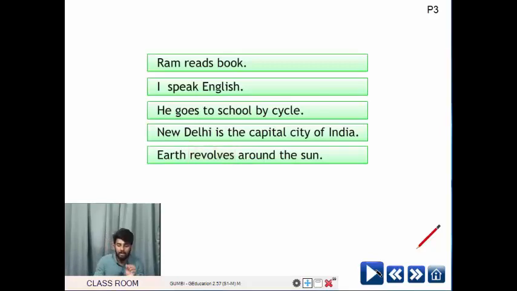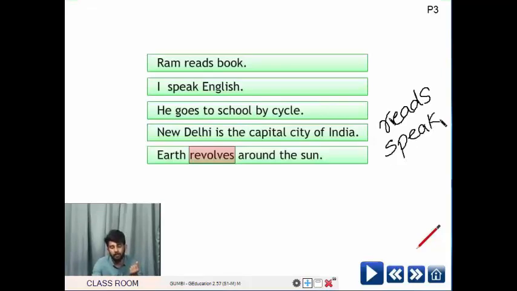So which are the words highlighted here? The first word that is highlighted? Reads. And which was the next word that is highlighted? Speak. And the next word? Goes. And the next? Is. And next? Revolves. So what are these words, children?